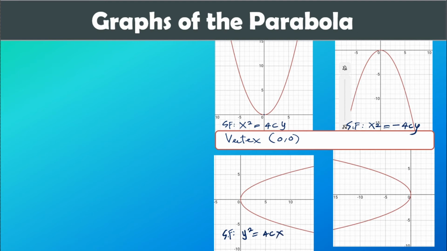So, nakita nyo ba ang pinagkaiba? So, pag opens upward and downward, yung may degree of 2 is yung x. Pag opens naman to the right, yung may degree niya of 2 is yung y. So, here, same happens here that yung standard form niya will be y squared equals negative 4cx na siya.